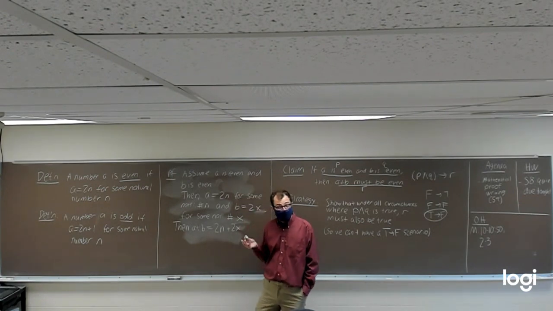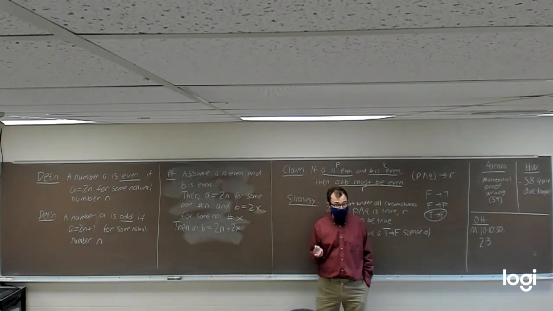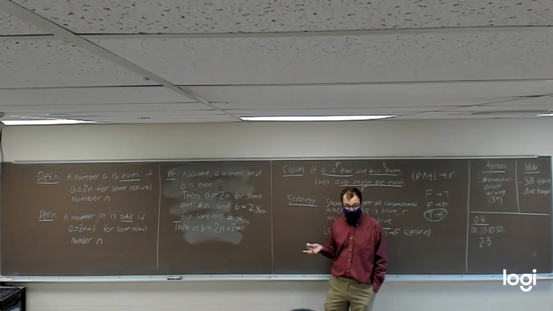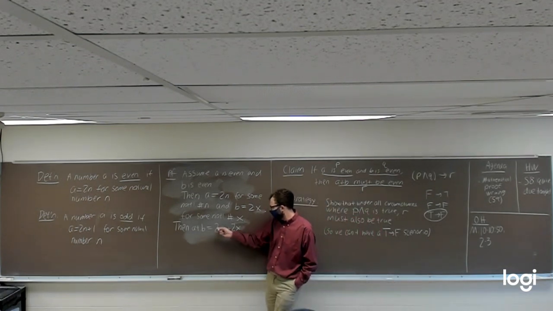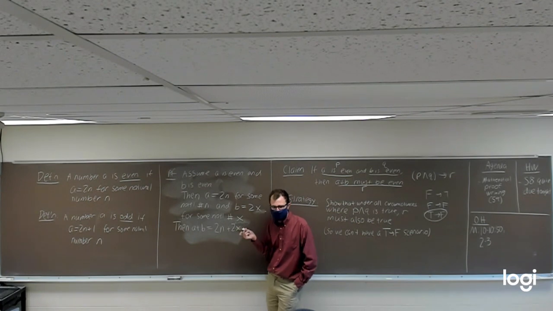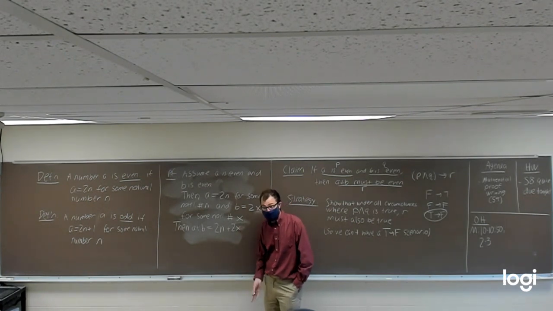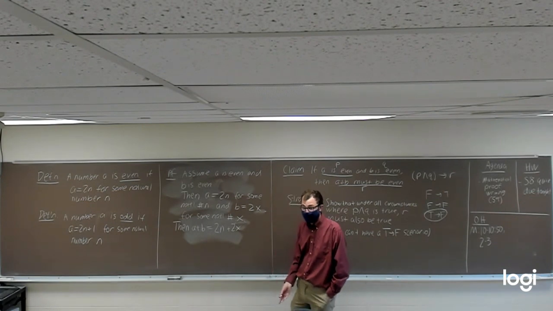Our goal is to show that a plus b has to be a multiple of 2. Do we know that this thing, 2n plus 2x, has to be a multiple of 2? Why do we know that? We can factor it to 2 times the quantity n plus x.